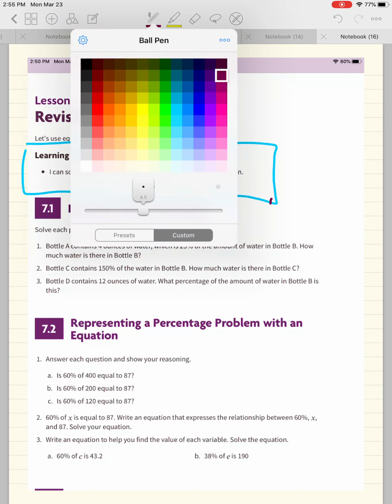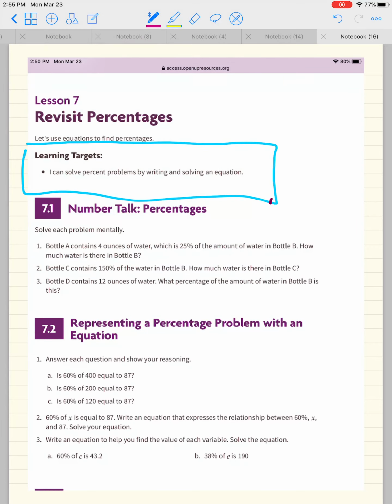The answer to number 1 is going to be 16. There is 16 ounces of water in the entire bottle. 100% of the bottle is 16.